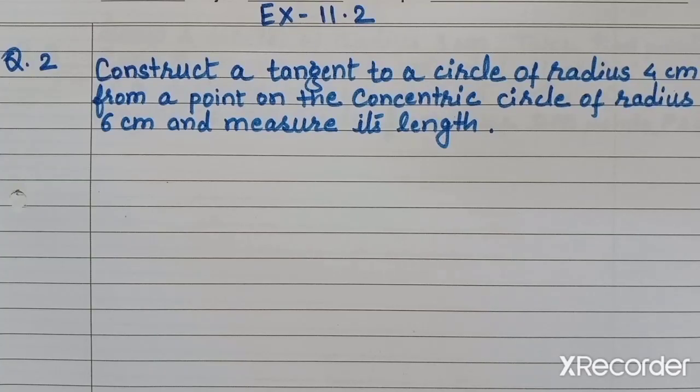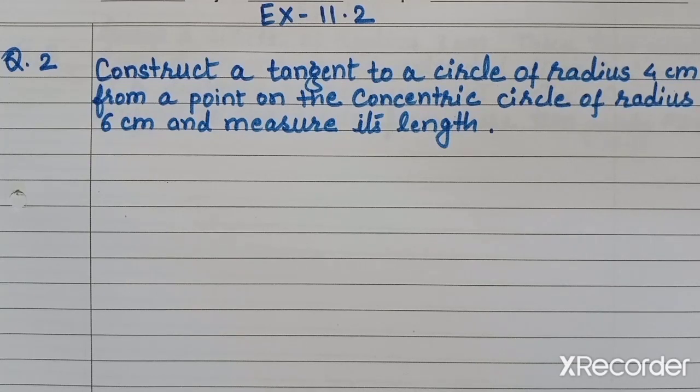Question number 2. Construct a tangent to a circle of radius 4 cm from a point on the concentric circle of radius 6 cm and measure its length. So that means we have to draw concentric circles.